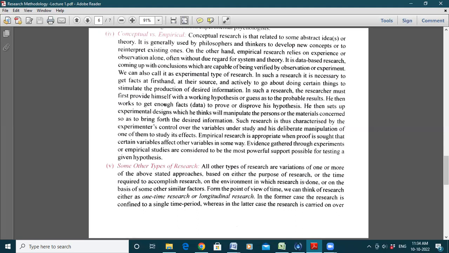Okay. Then some other types of research. All other types of research are variations of one or more that we have already discussed.